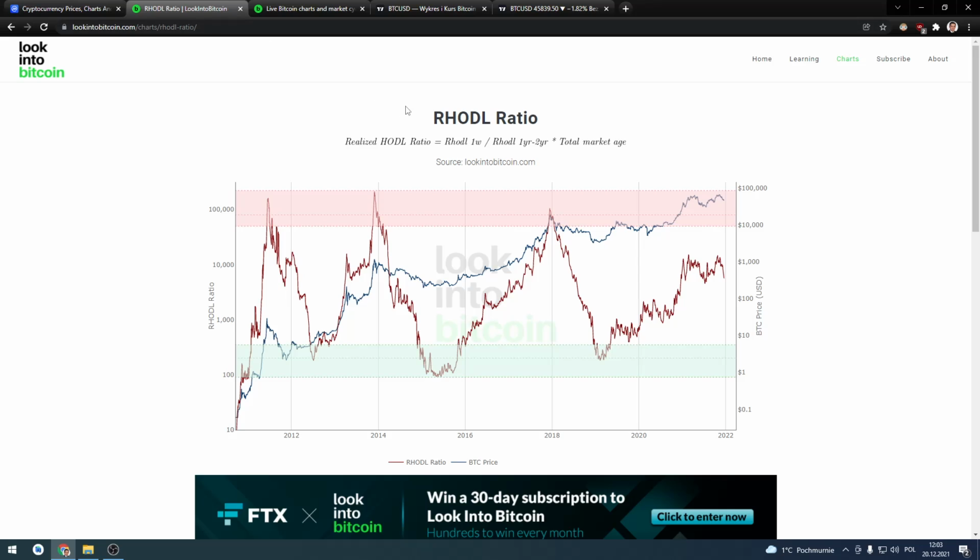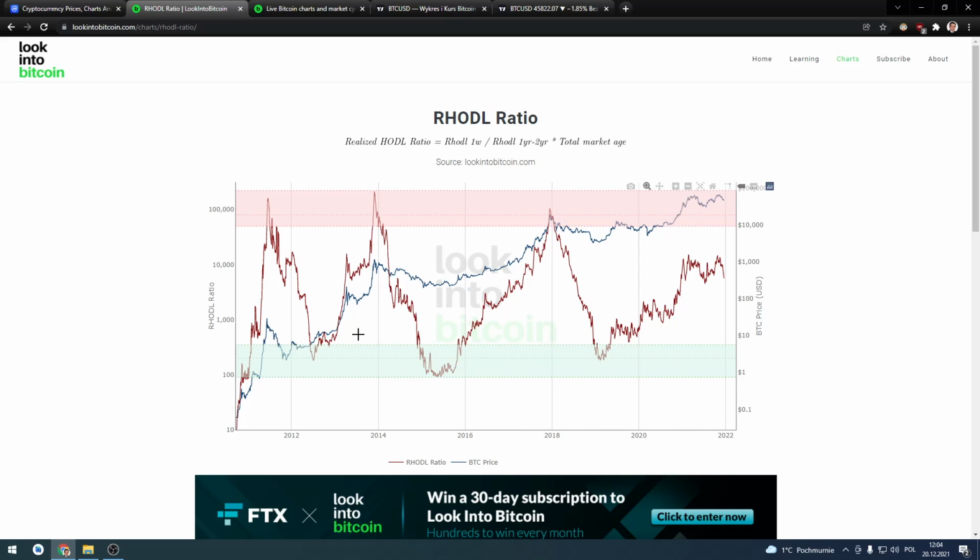And one of the charts is our HODL ratio. I think that, of course, there is a chance that this time might be different, and we will see a really big difference between the cycle top and this red chart that you can see here.